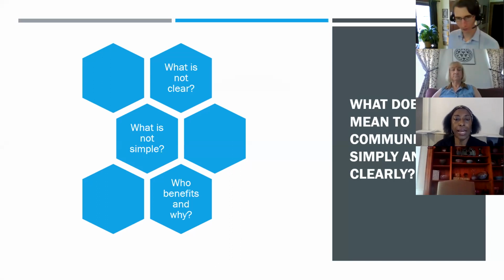What is not clear? Well, I can use myself as an example. I am an analytical thinker. And so, for example, every summer my husband and I plant a garden, but I am never pleased with the layout of the garden. So I would like the garden to look a certain way analytically.